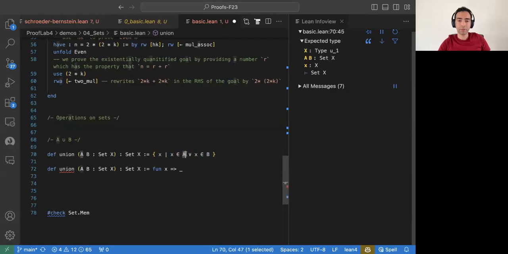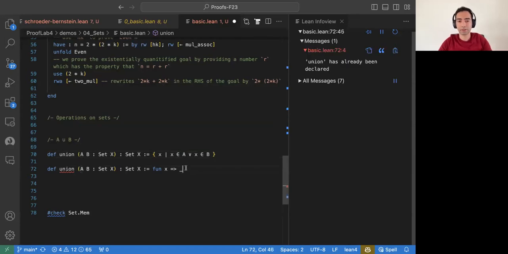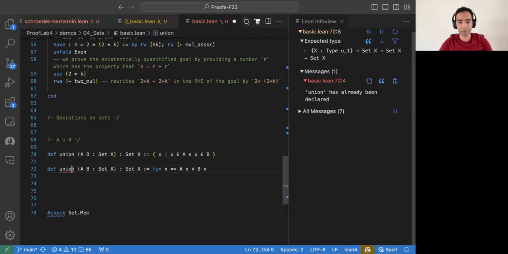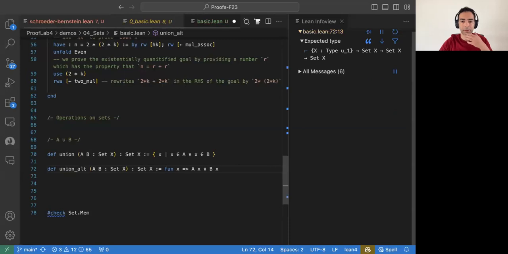Think of A to be the subset of even numbers. To say that X belongs to even is the same thing as writing even of X, which is the same thing as writing A of X. And similarly for B. So that's another way, an alternative, to define union.